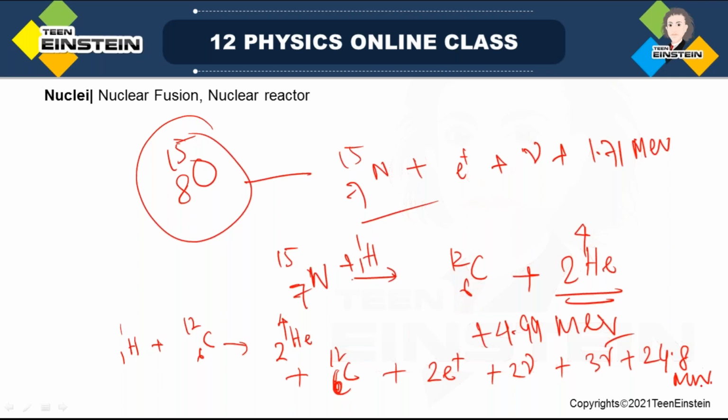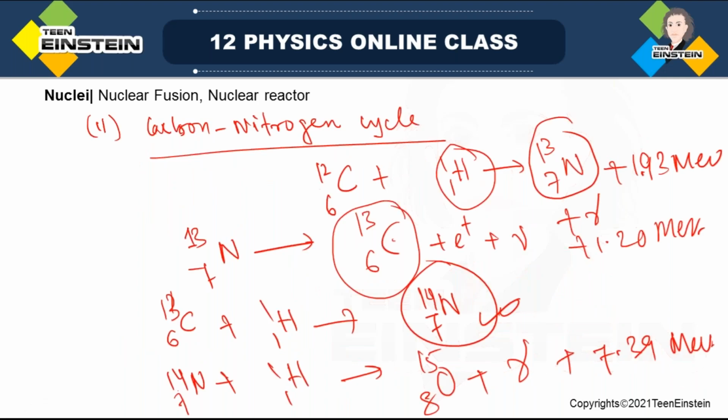Okay, so this is actually the carbon nitrogen cycle. What happens here? Carbon, upon absorbing a proton, gets converted into nitrogen 13 and then releases energy. That nitrogen 13 is unstable, so it will break into a different nucleus, here carbon 13. Now this carbon 13, upon absorbing a proton, will produce nitrogen 14, the natural nitrogen.